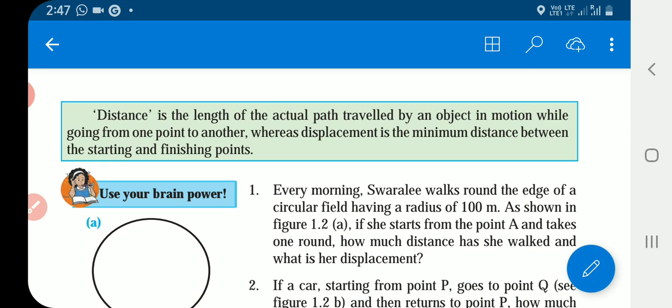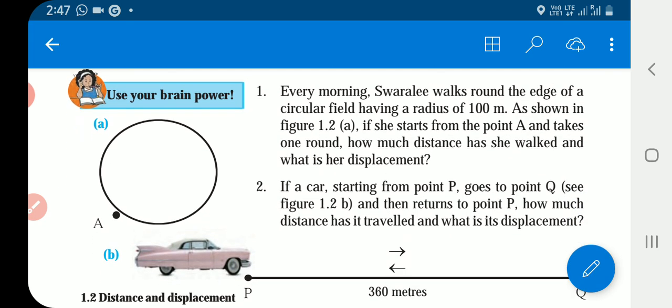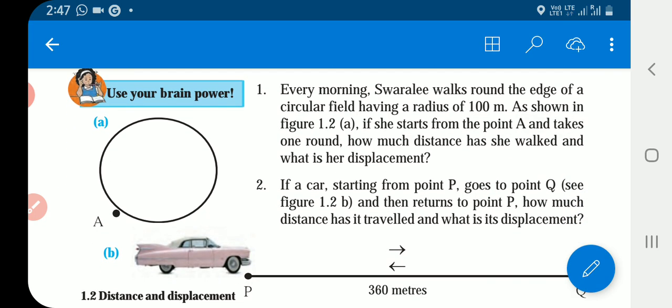Here you can also solve a question: difference between distance and displacement. You can write the definition for distance and displacement. Distance is, now very simple examples are given here.